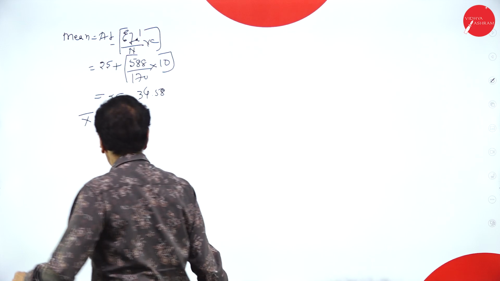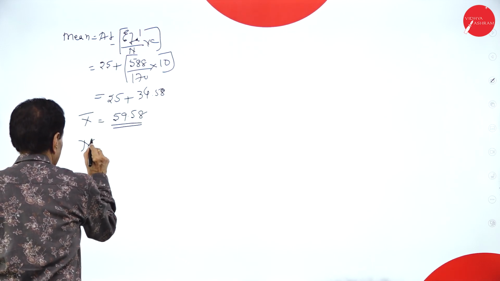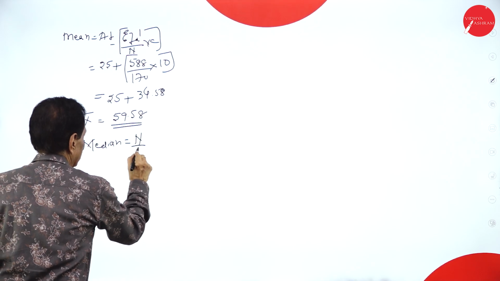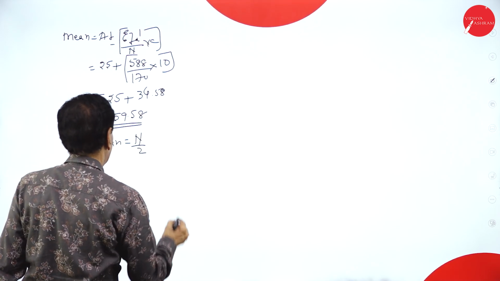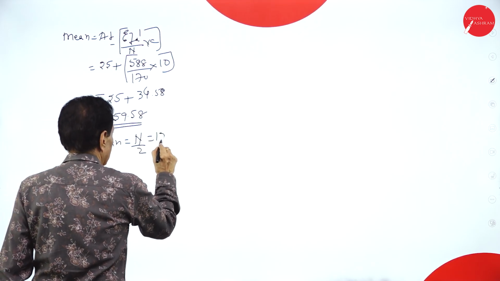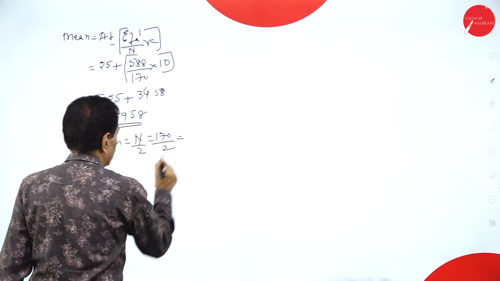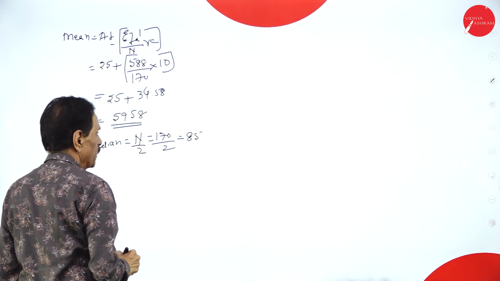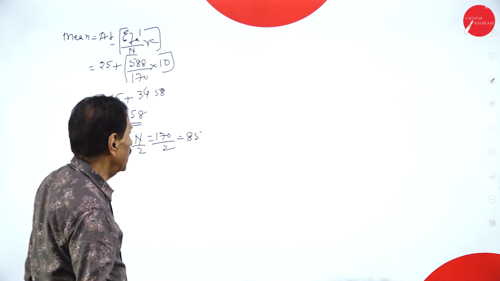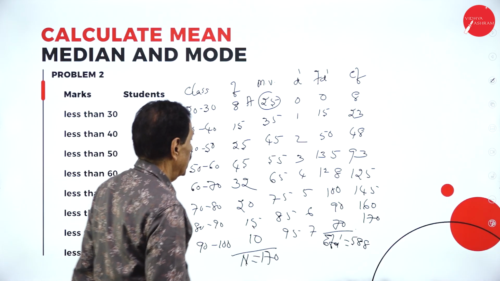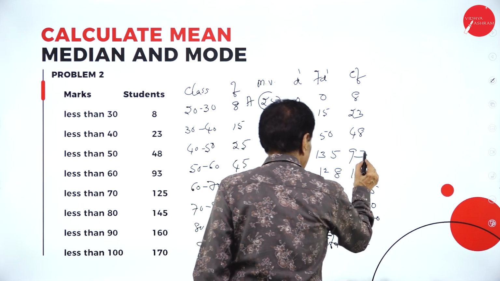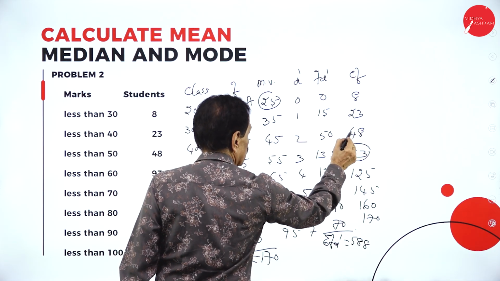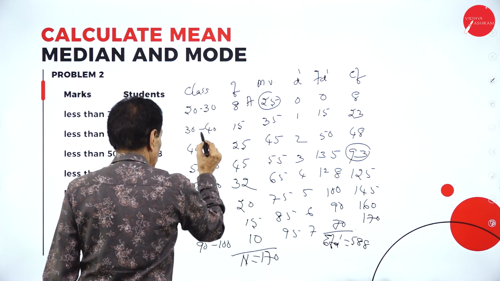Then median is equal to n by 2. What's your number of frequency? 170 by 2. 2 8s are 16, 2 5s are 10. 85. Find 85 in CF. Here, 85 comes under 93. This is your class, 1, 2, 3, 4.